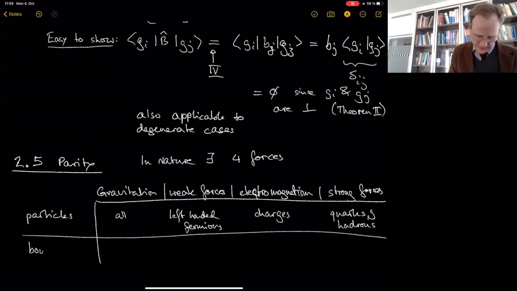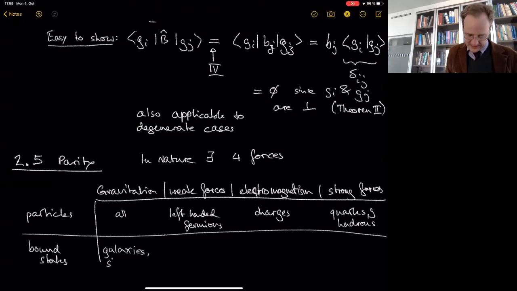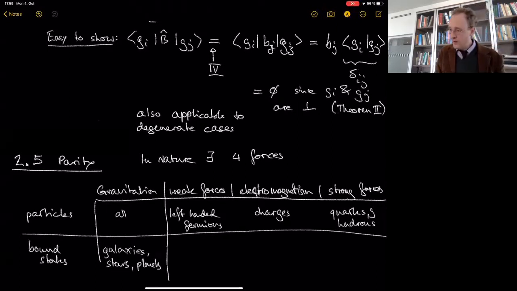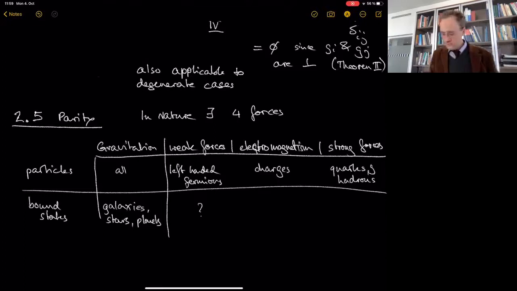So bound states include galaxies, planets, stars. For these fermions, we don't really know.